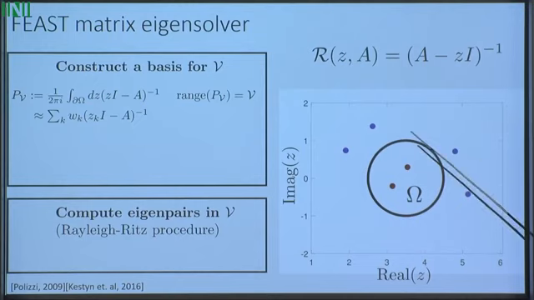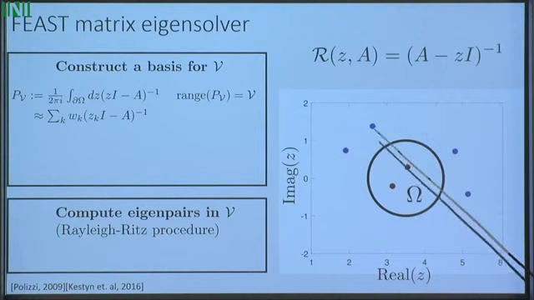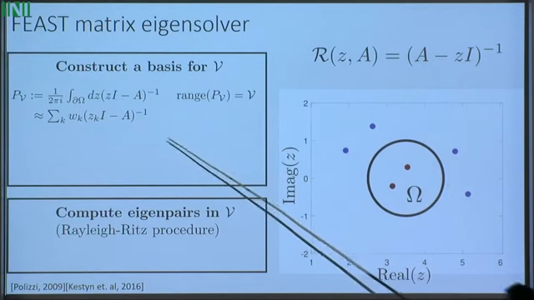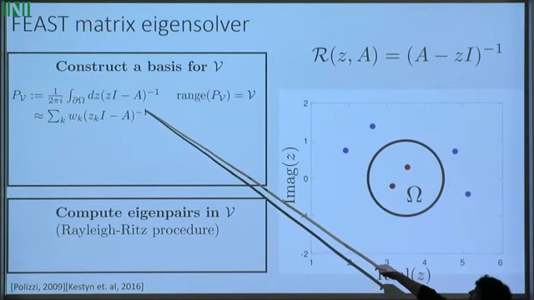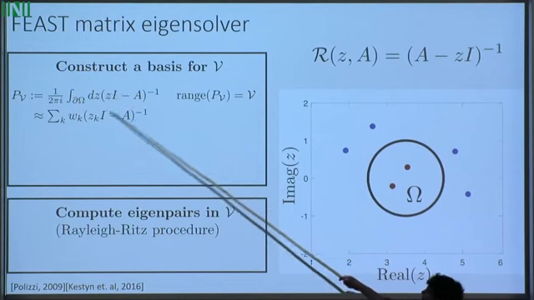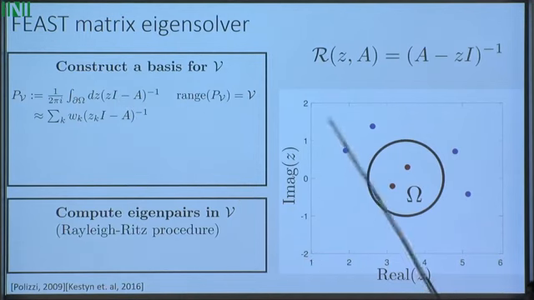The FEAST matrix eigensolver, if you recall, uses the resolvent of matrix A to compute spectral properties of A. In particular, Nick talked about why this Cauchy integral acts as a projection onto the eigenspace of the eigenvalues inside this contour, which you're integrating over.